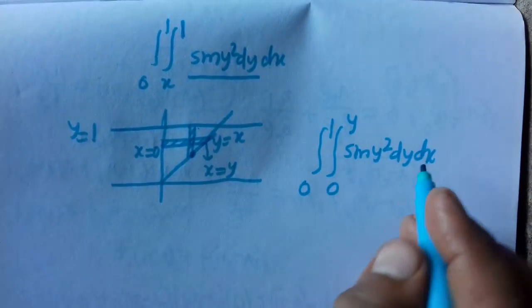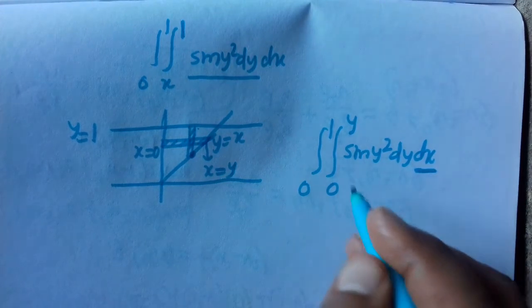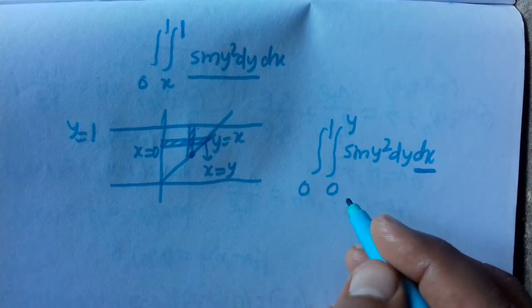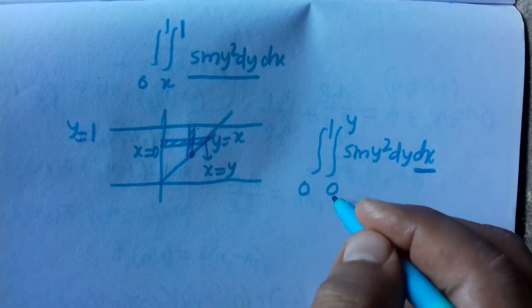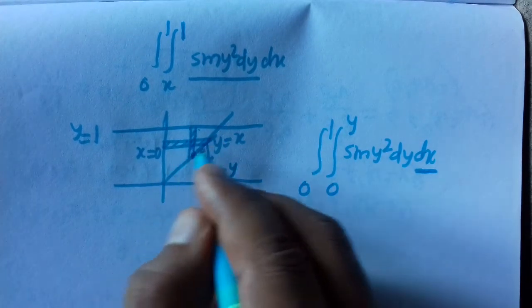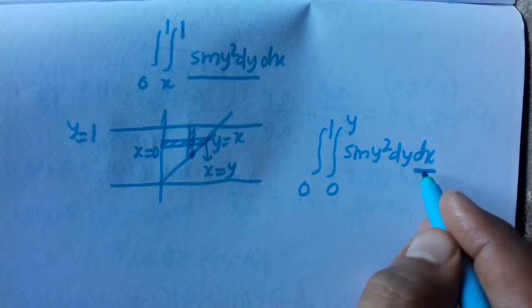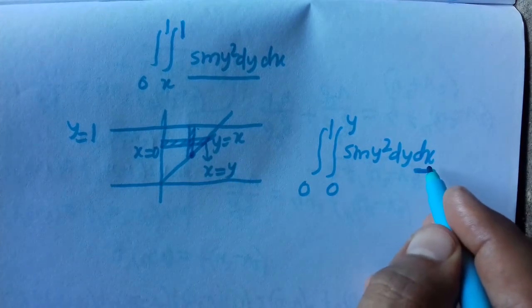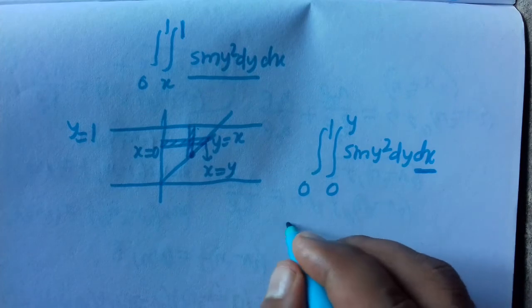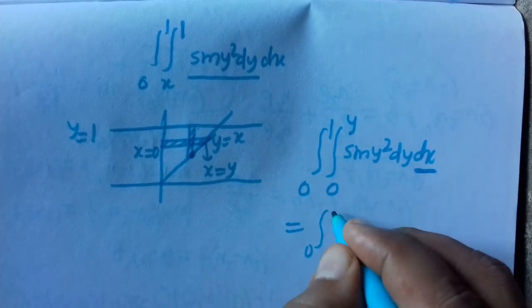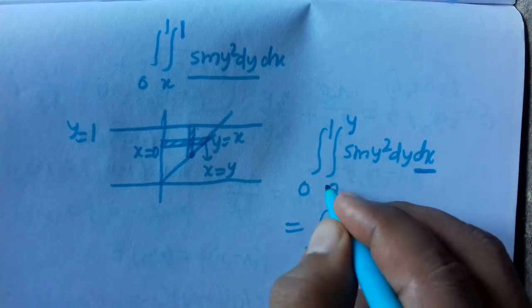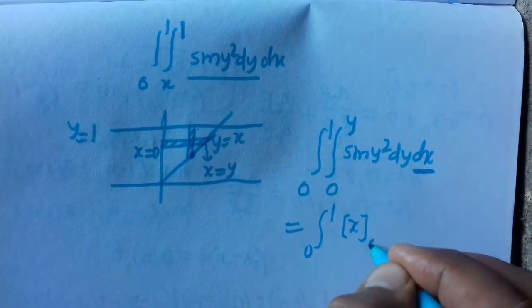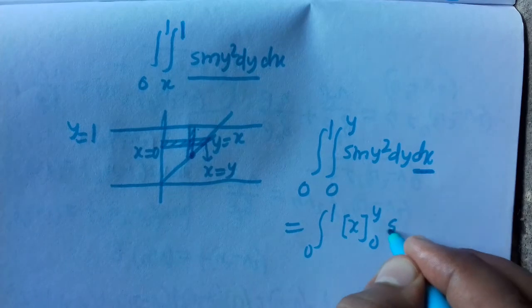Now we have to integrate with respect to x first, because here you see the limit for x is 0 to y. So the integration of dx will be x. This will be the integral from 0 to 1 of x, with limit 0 to y.